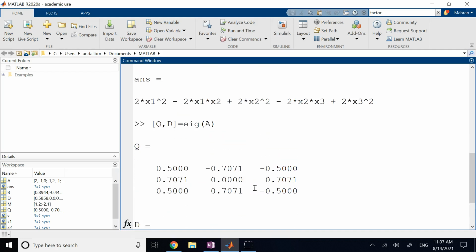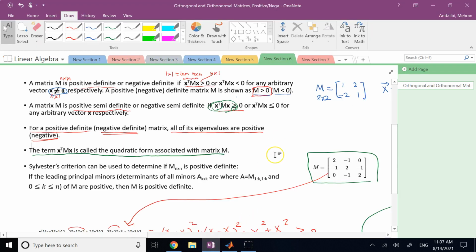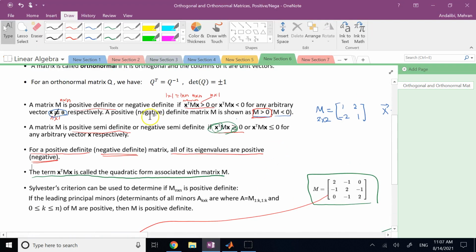Apparently it is working. One other thing, as I mentioned initially, is when you say it is positive definite and you show it with M bigger than 0, does it mean each and every one of the entries in M are positive? Absolutely not. It has nothing to do with that. If you look, several entries in this matrix are negative.